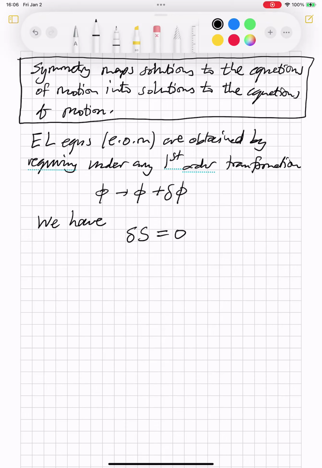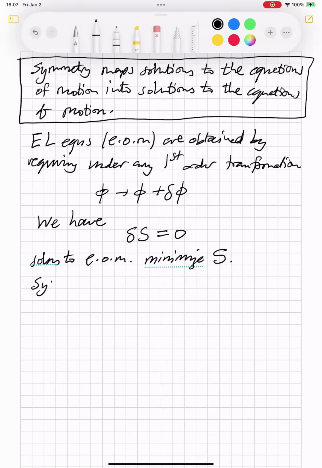So, solutions to the equations of motion minimize the action S. So now we've got a statement in terms of the action S. Equations of motion minimize the action S. So now let's turn this into a statement about symmetries.